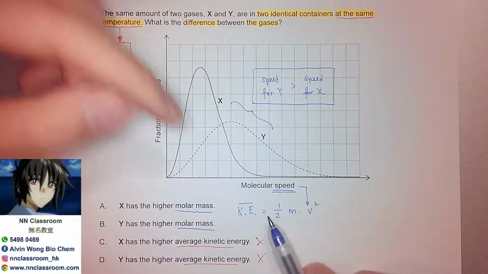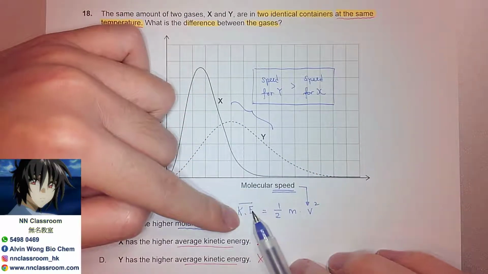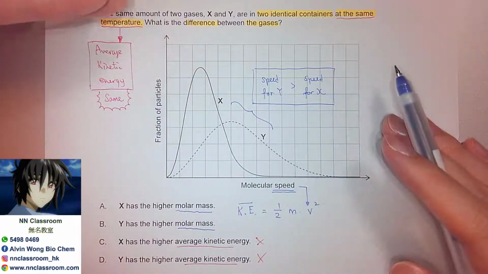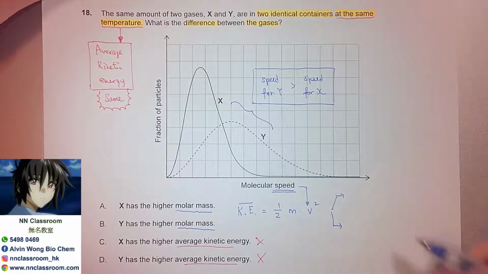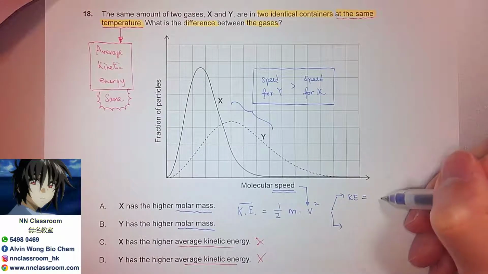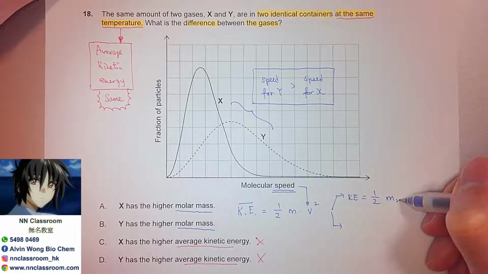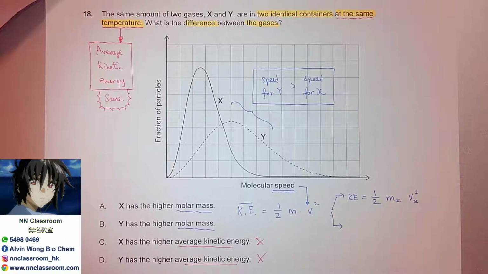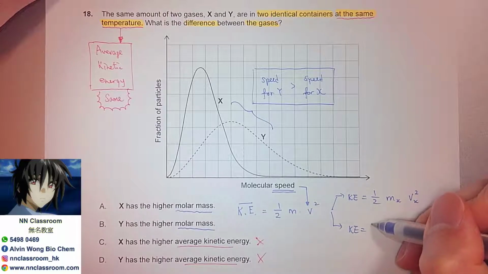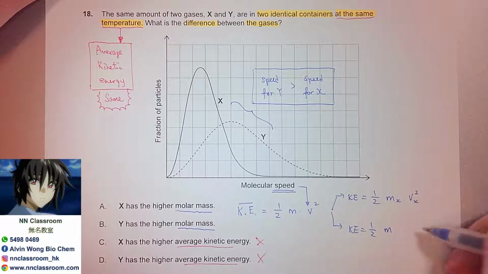So the KE for X and the KE for Y is the same. Let me apply this to the two scenarios. The first: KE equals half m v squared for X, and the KE equals half m v squared for Y.